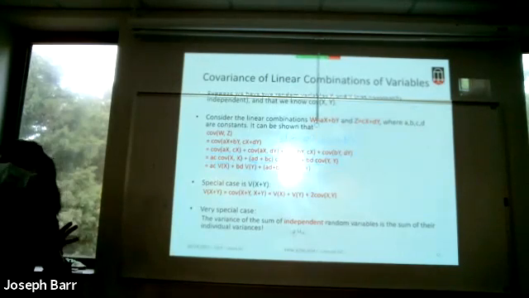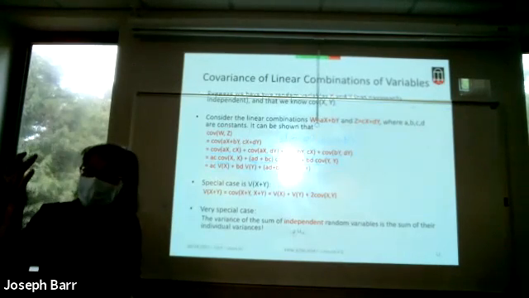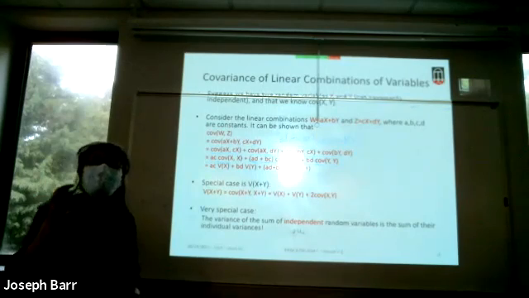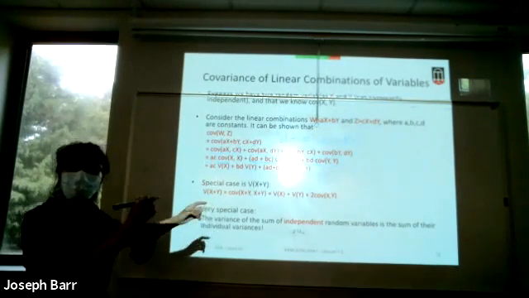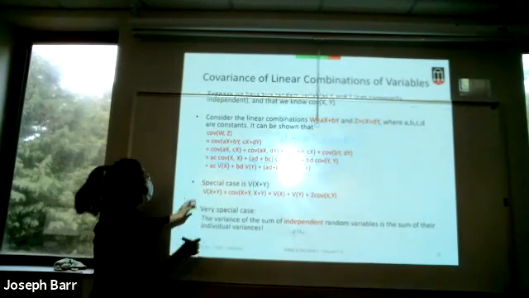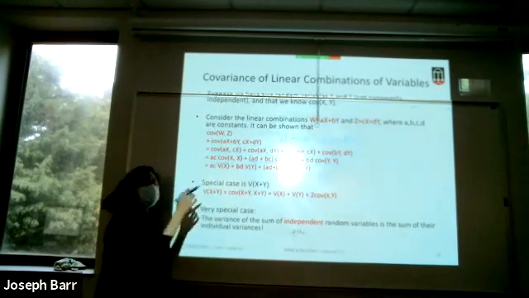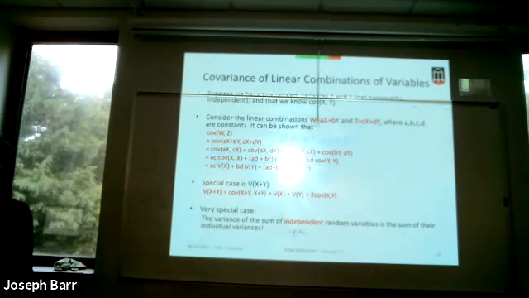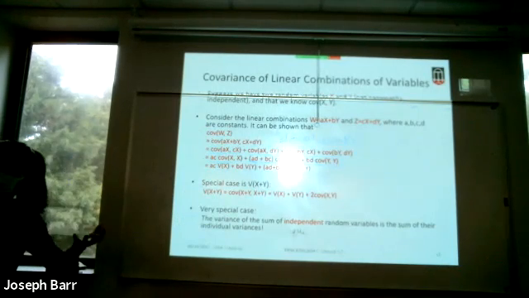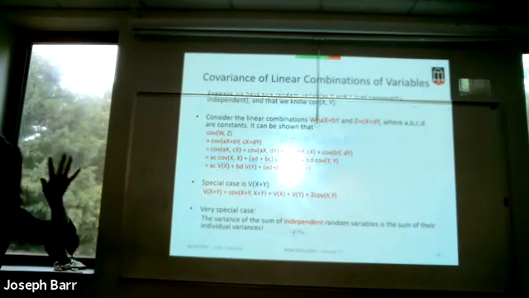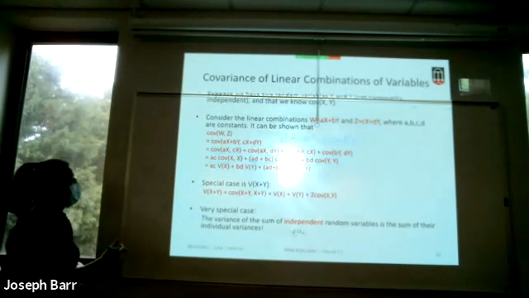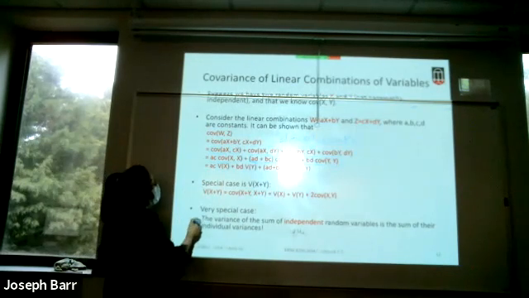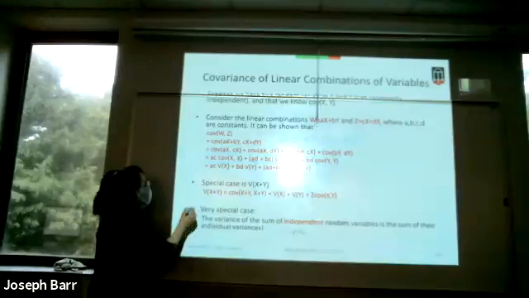So we have some linear combination of known variables, and you are going to do the calculation to calculate the covariance between new variables, which are combinations of the known variables. Okay, so that's an example.